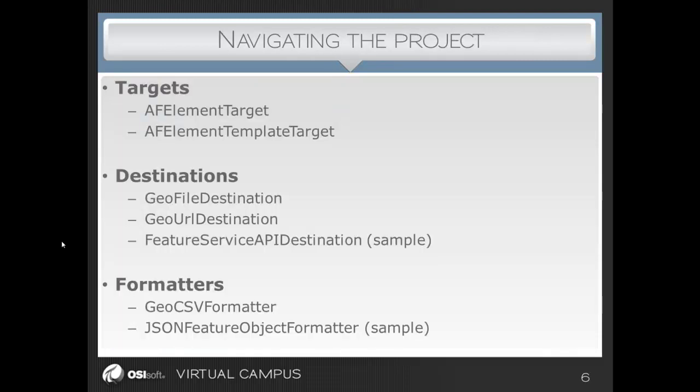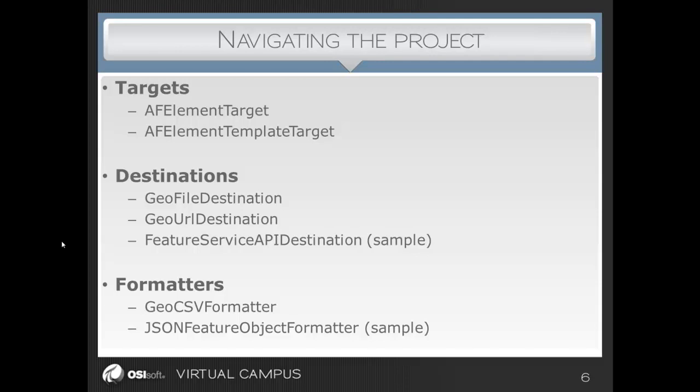So looking at the implementation of that, the configuration file really reflects how the project is set up. So we can distinguish on different targets. We can have an AF element target, which allows you to just set a path to a specific AF element.